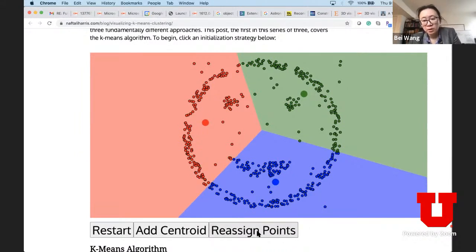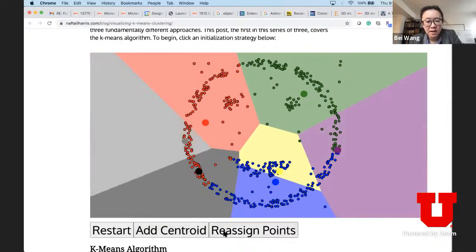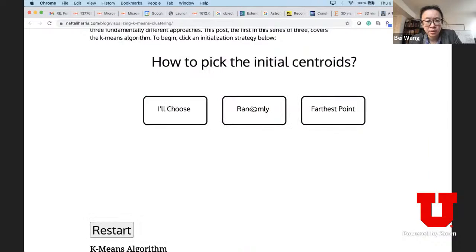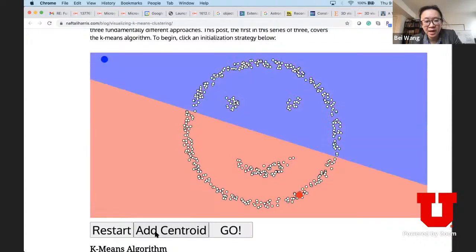Of course, one of the drawbacks of K-means is choosing K. Because this is a smiley face, there are the eyeballs, the mouth, the face, so 3 is definitely not enough. Ideally I would add more centroids and restart.